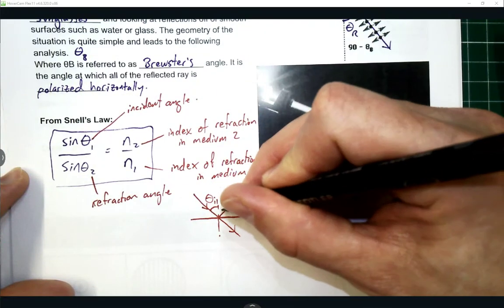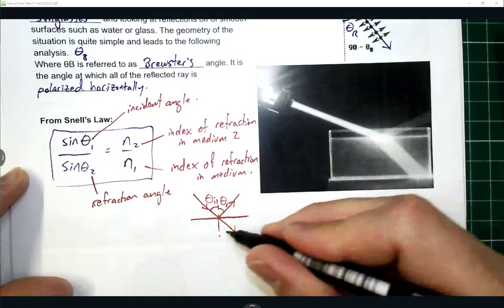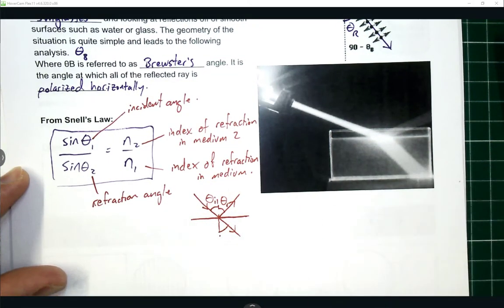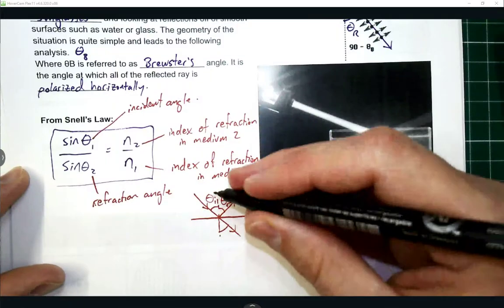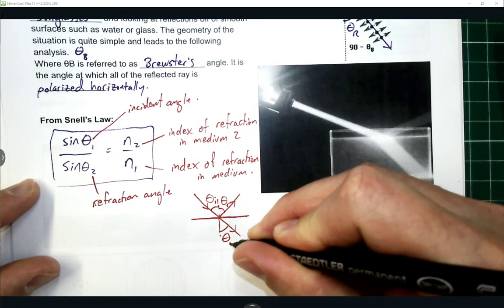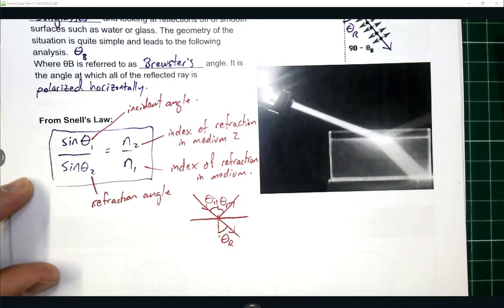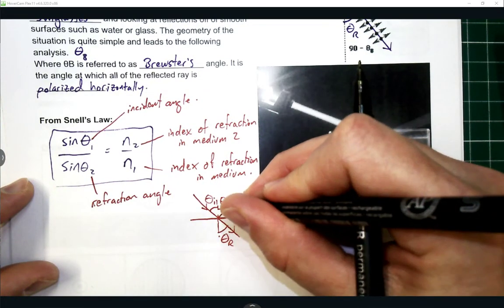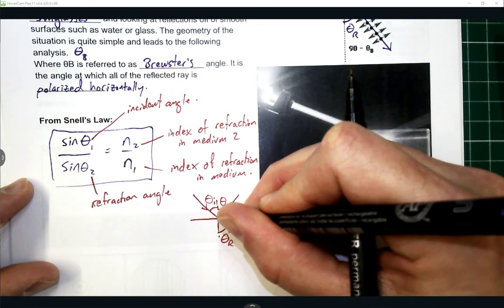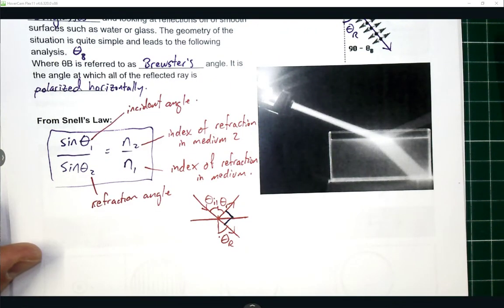Theta I, theta R. Forget about the refraction angle just for a second. Oh, what the heck? Let's put in the refraction angle. Theta big R for refraction, little r for reflection. But the angle between the refracted ray and the reflected ray is going to be exactly, and I'll do it in a big, bold color, exactly perpendicular.